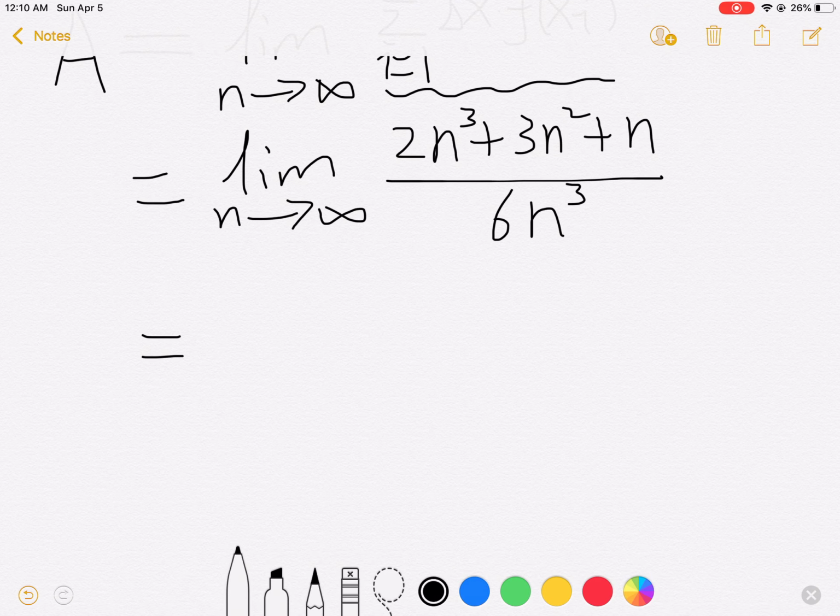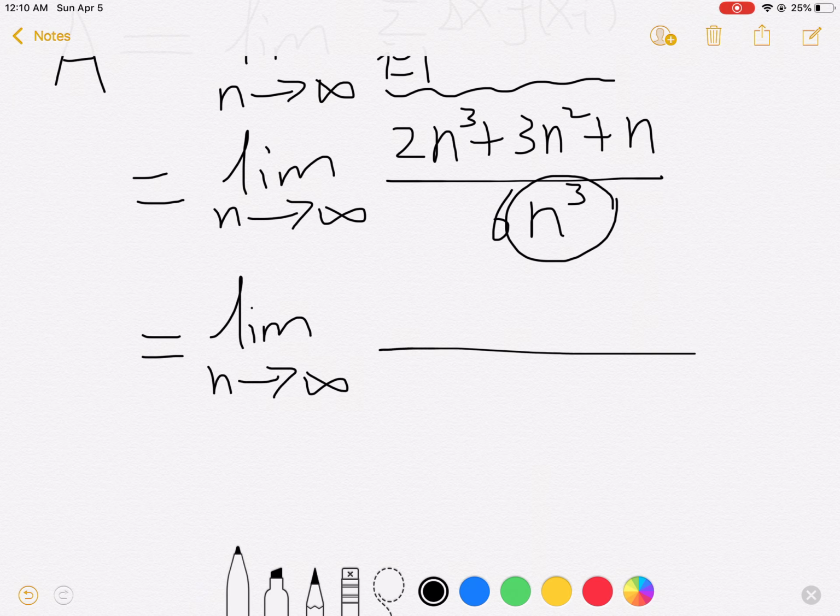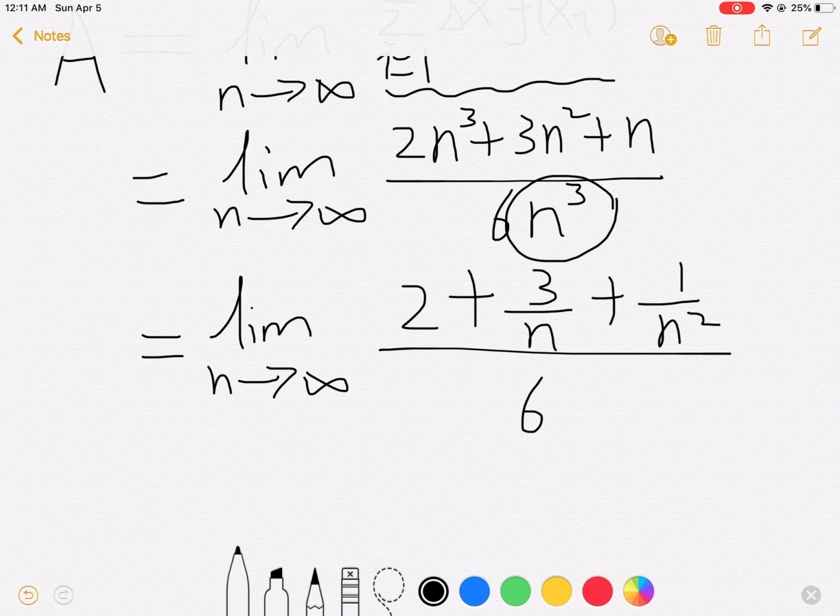So what is the limit? How do we find this limit? This is a rational function, right? We find the highest power of the denominator, which is n cubed, so we divide by n cubed for each term. So the denominator would be 6, and the numerator would be 2 plus 3 over n plus 1 over n squared, right? When n approaches infinity, if you are not familiar with that, you can look at the topics about limits at infinity.